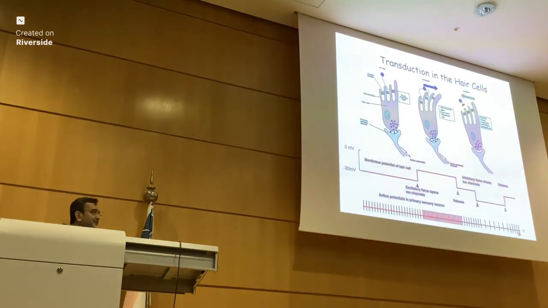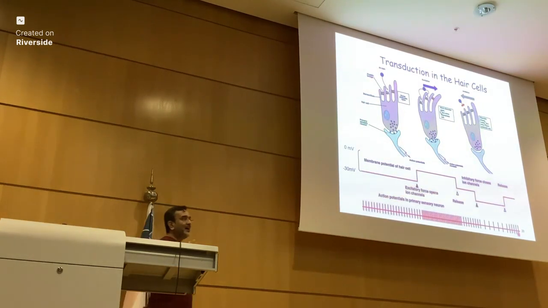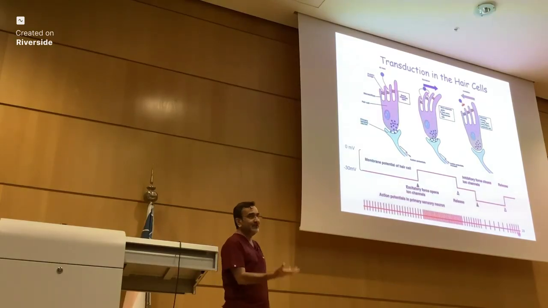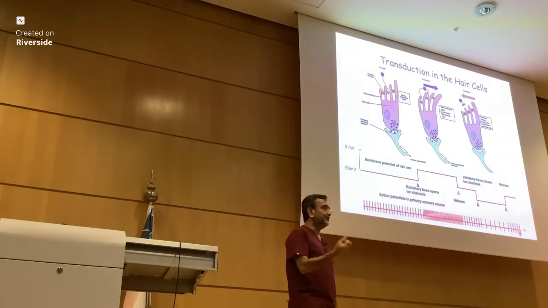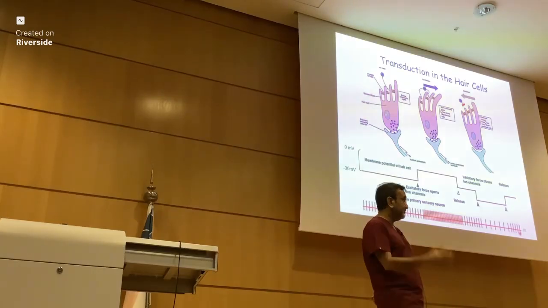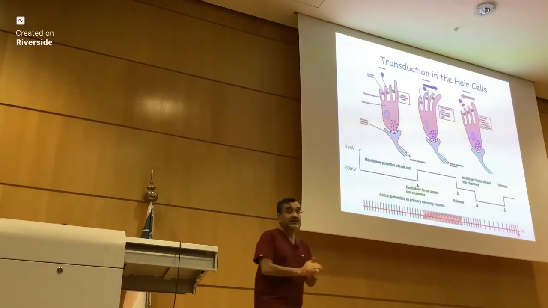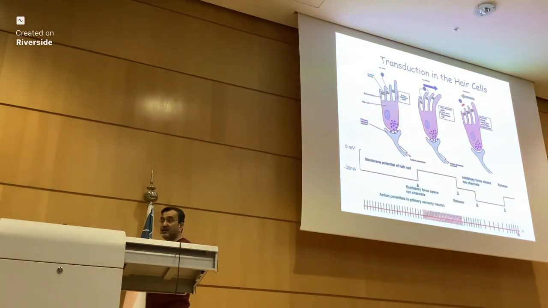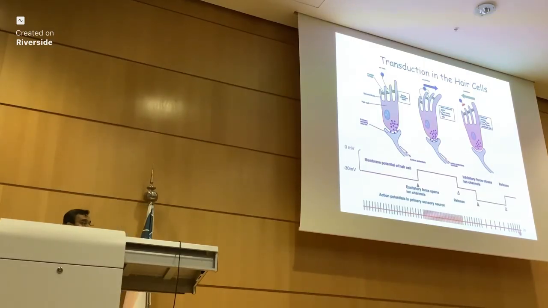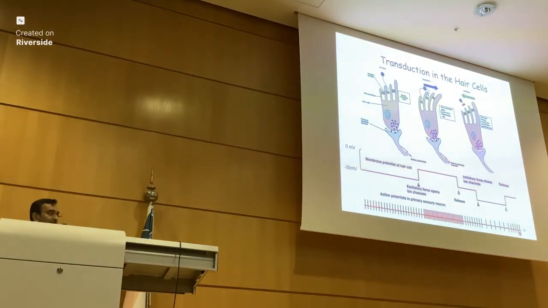Now we're coming to how these hair cells actually get excited or depolarized. At the moment we are talking about the inner hair cells, and then we will talk about what the outer hair cells do.